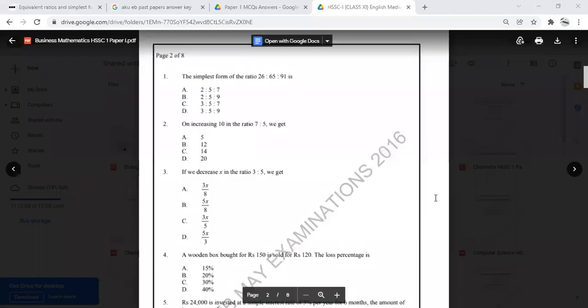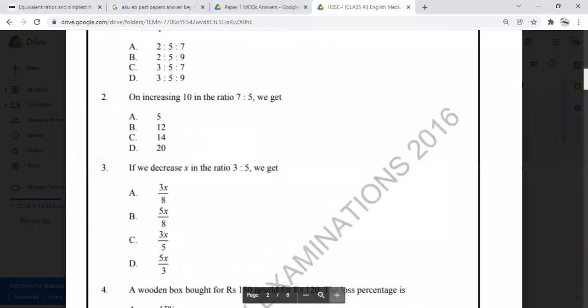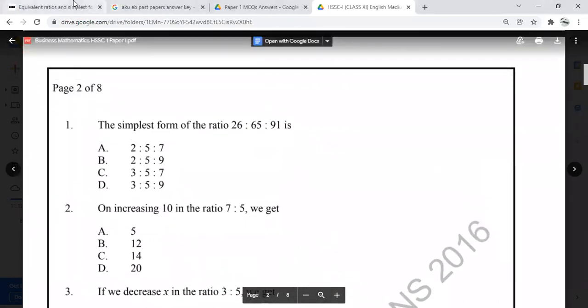Okay, so this is the paper for 2016 now. We have some questions related to ratio over here. The first question is the simplest form of the ratio 26 is to 65 is to 91. This is simple; you simply need to divide.